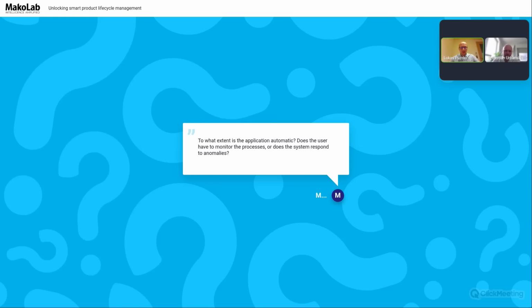To what extent in the automatic application does the user have to monitor the process? I think, Sebastian, you can answer this. And again, it depends. The user can track the entire process manually, so he can view where the vehicle is, what is working, what is happening with it. But in fact, the application has a huge notification model that provides information about anomalies.